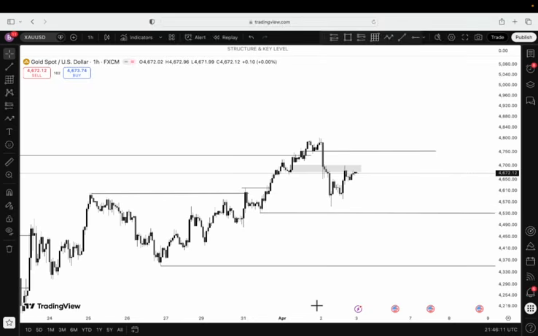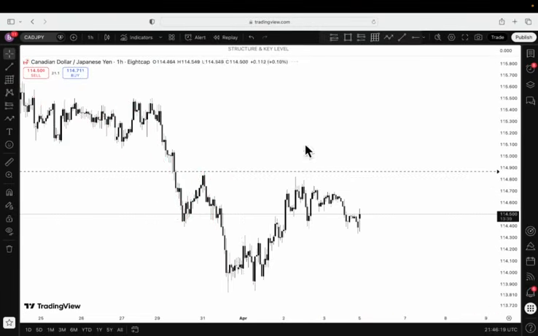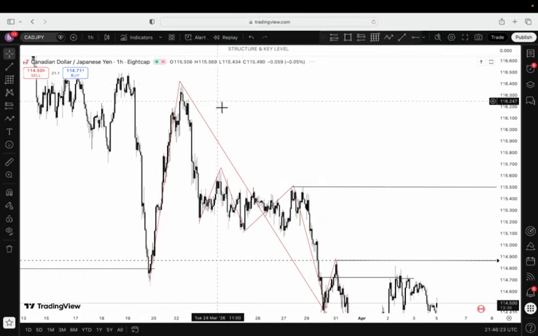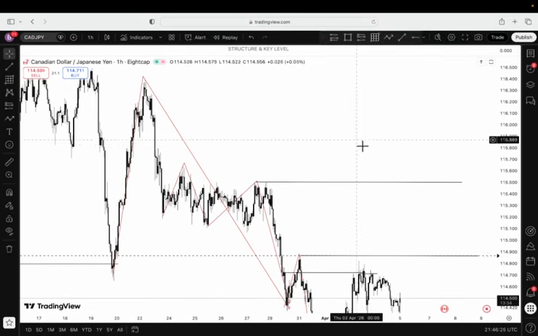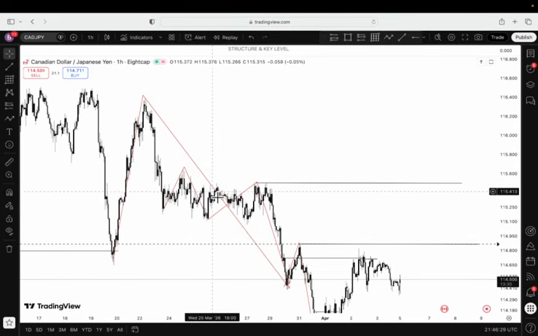For CADJPY, why is the disruption not at the extreme top instead of the place you marked? Why is it not here? Okay, now I told you guys something about a failed external. I said a failed external is like an internal that has two instead of three, an external that has two instead of three internals.